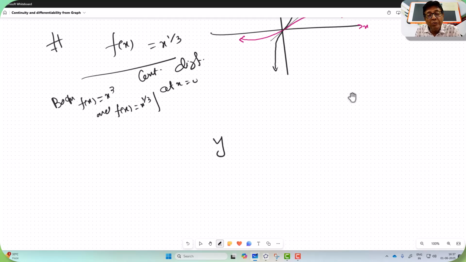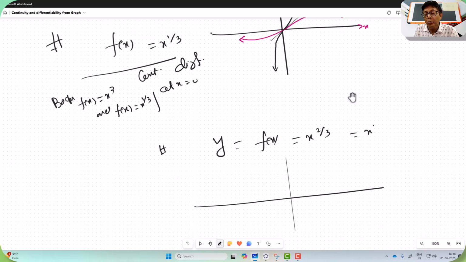What about y equal to f(x) equal to x to the power 2/3? This function is actually (x to the power 1/3) square. If you draw the graph of this function, it is going to be like this. This part will be as before, and if you replace x by minus x, the graph will remain the same.